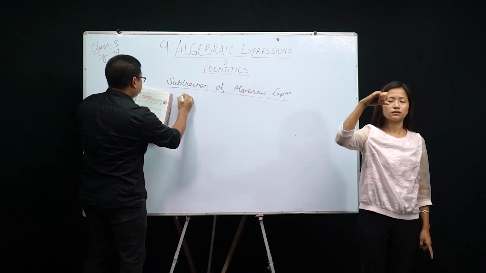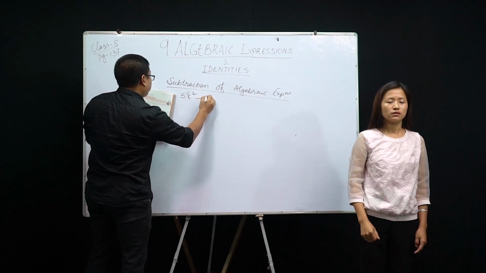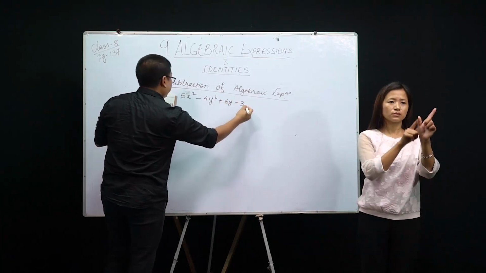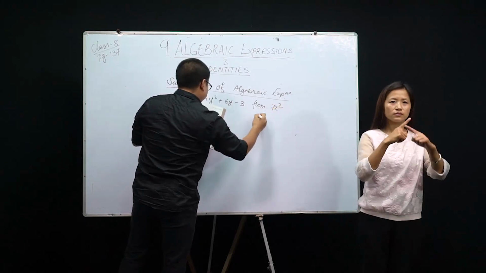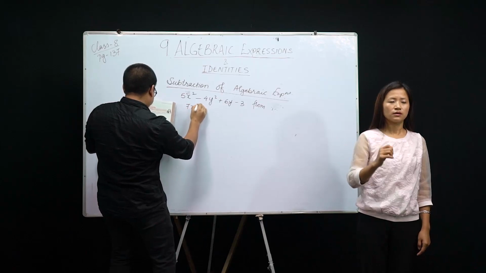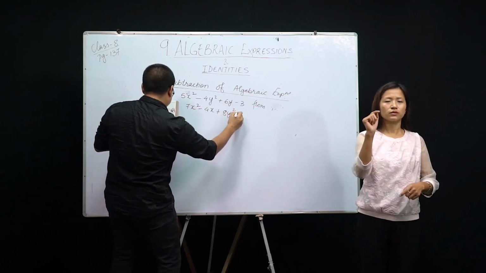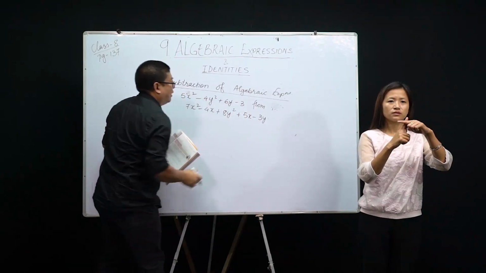It is given as subtract 5x squared minus 4y squared plus 6y minus 3 from 7x squared minus 4xy plus 8y squared plus 5 minus 3y.